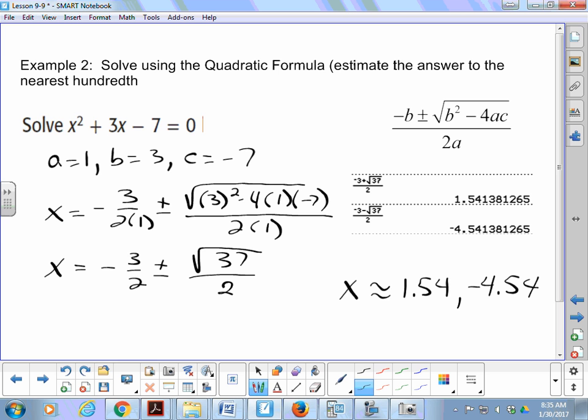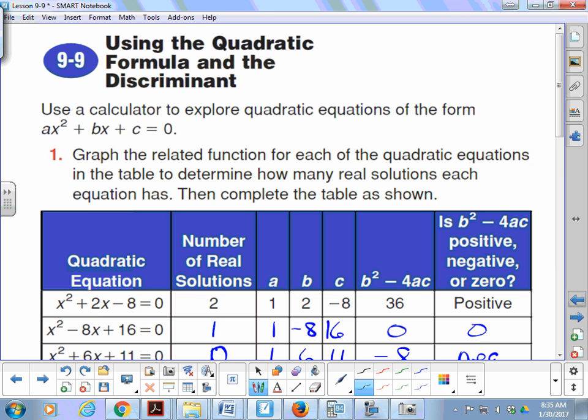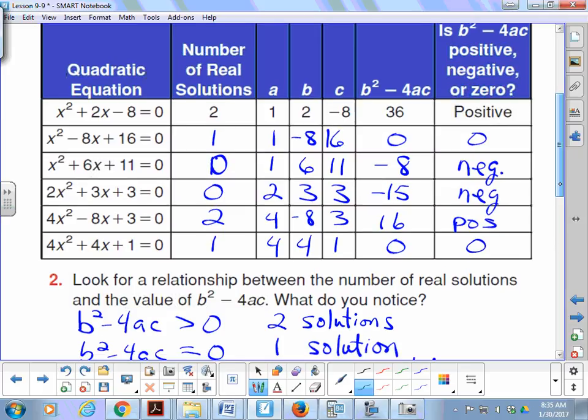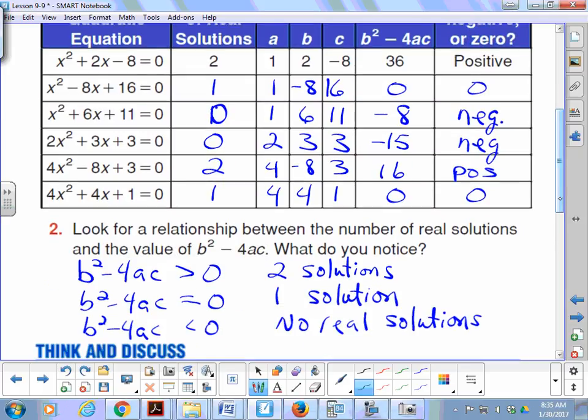Now, in our warm-up, we did this table here, right, and came up with these solutions down here for numbers 1 and 2. What this is, the b squared minus 4ac, is called a discriminant. Right? It's a specific thing that at times all we really want to concern ourselves with in a quadratic function is how many solutions there are.